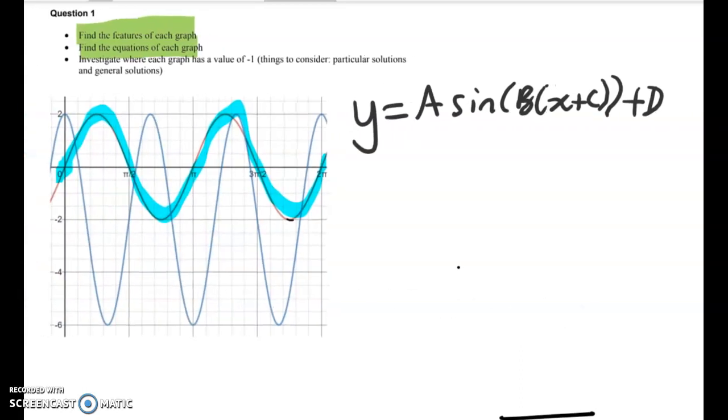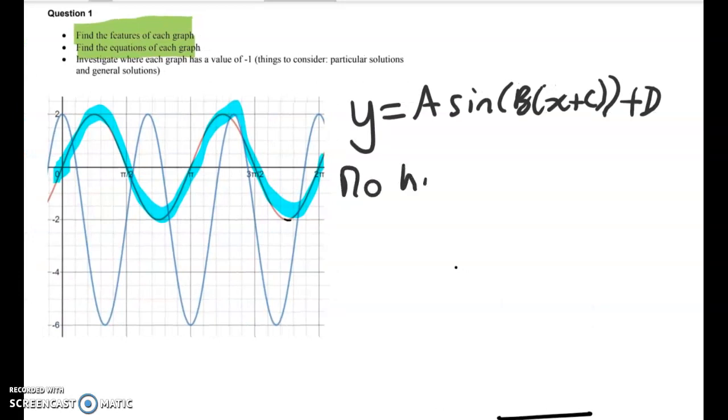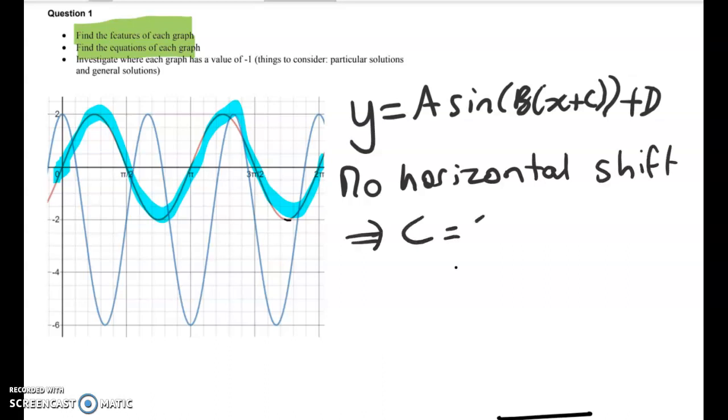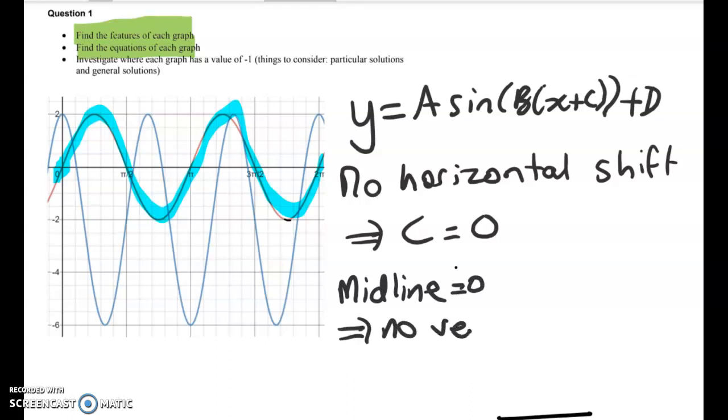And we can start out by saying again, no horizontal shift. So c is equal to 0. And the midline is at 0. So there's also no vertical shift. d is equal to 0.